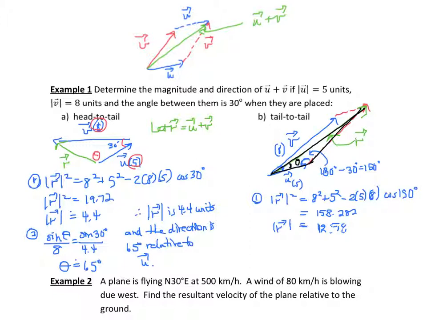So now, once again, I can use the sine law to find the measure of that angle. So we can say, for example, sine theta over 8, which is the length of vector v, is equal to sine 150 over the magnitude of the resultant, which is 12.58.